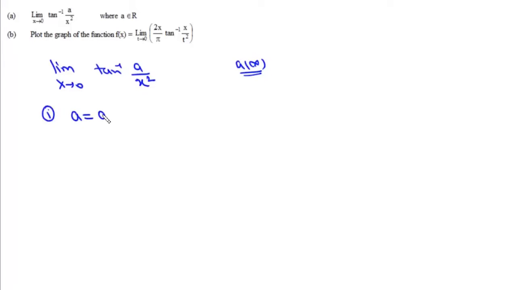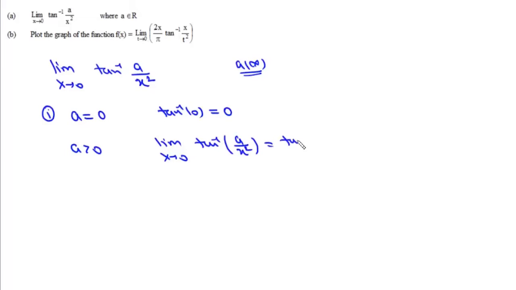if the value of a is 0, then in that case it will be simply tan inverse 0, which is 0. If a is greater than 0, then this limit x tends to 0 tan inverse a upon x square will be equal to tan inverse infinite, and tan inverse infinite is pi by 2.